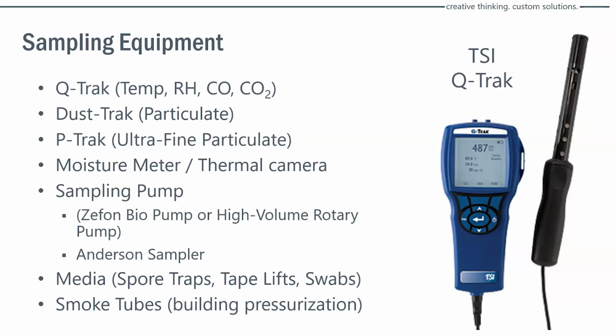Things like temperature, relative humidity, carbon monoxide, carbon dioxide. Carbon dioxide is something we look at as a surrogate of good ventilation. If you've got more carbon dioxide inside of a building, if you've got people complaining of headaches, that could be a symptom of not enough fresh air being delivered.